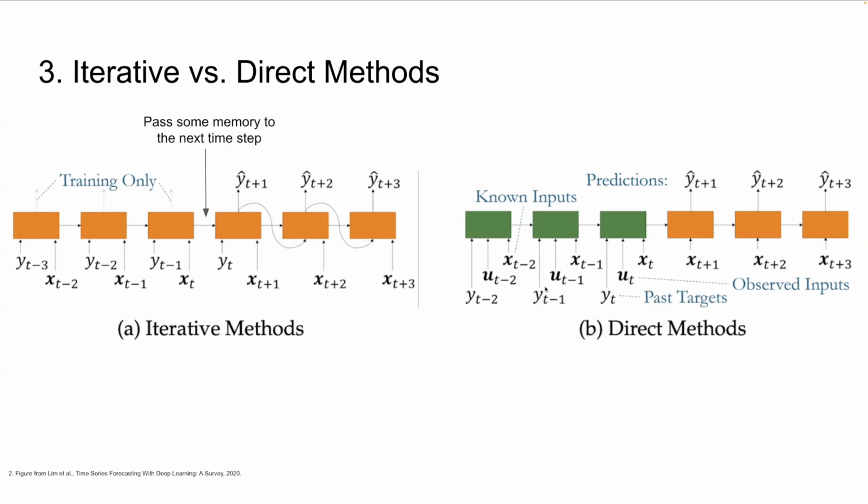And u will be the observed inputs, and the target variable will be the y here. Both the observed inputs and the past targets are only available in the context. So you're only able to see them in those green boxes here. And your goal is to predict for the forecast horizon, which will be these orange squares here.